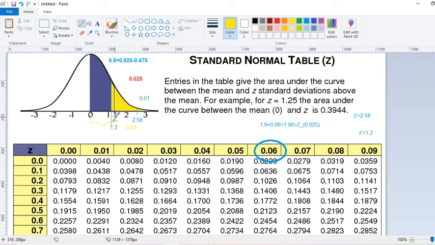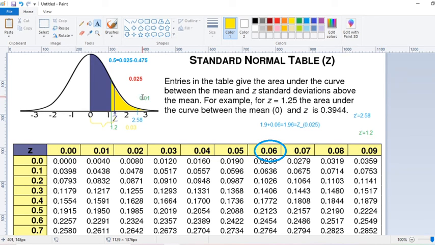So 1.2 lies in the acceptance region, so we should accept the null hypothesis. At the same time, in the earlier case, 2.58 lies in the rejection region, so we reject the null hypothesis. So instead of comparing these z dash values, we can compare the areas.